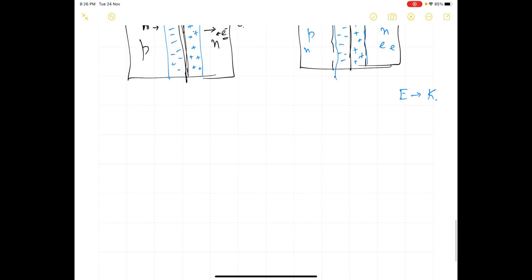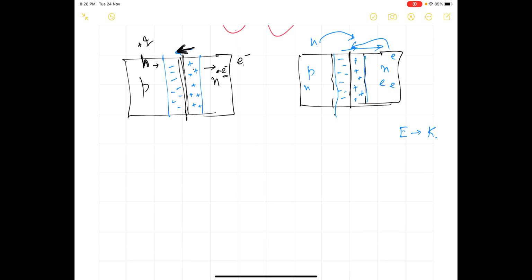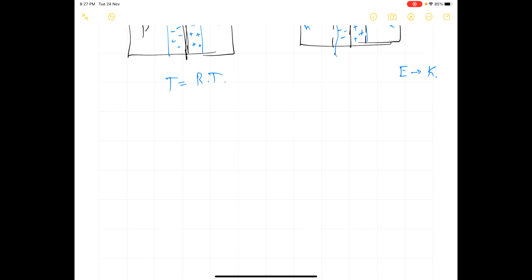In the band diagram, as I already explained, under the equilibrium condition there is no external force, and the temperature is room temperature, so no extra heat energy is being put in; everything is in equilibrium. In that case, the Fermi level is independent of position, as I already derived.